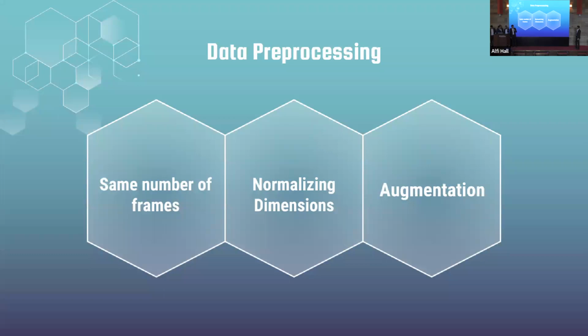And the final step in our pre-processing was augmentation. As my colleague Chris said, we faced a huge problem of lack of data, and so we had to resort to increasing the amount of data we had. At first, we used augmentation techniques such as adding noise to the videos and adding brightness.